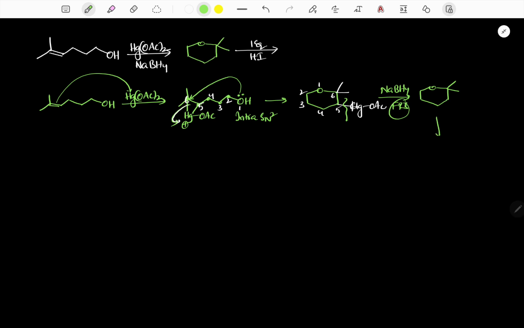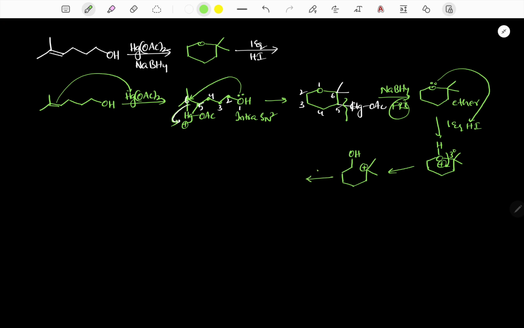Now it is treated with 1 equivalent of HI. So it is an ether functional group. The O lone pair attracts the proton and the corresponding oxonium ion will form. Since it is a tertiary carbon, ring opening takes place. Finally it gives the corresponding tertiary carbocation.